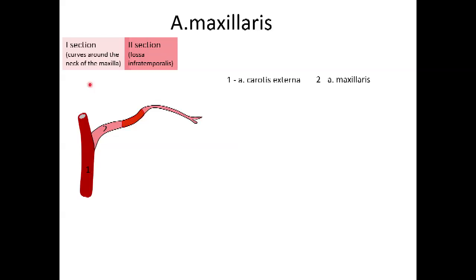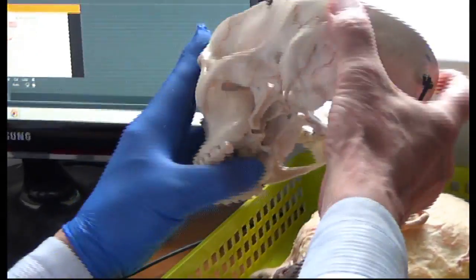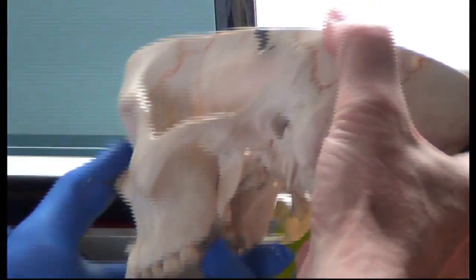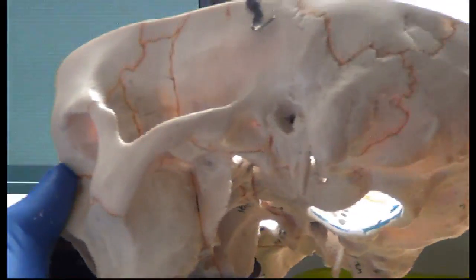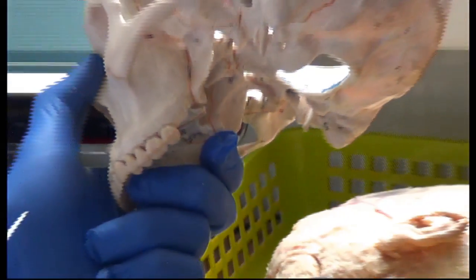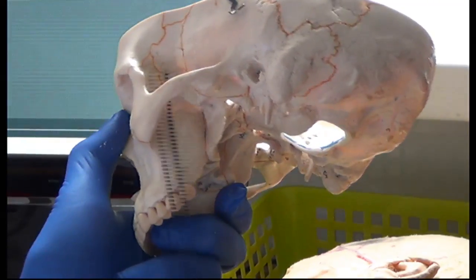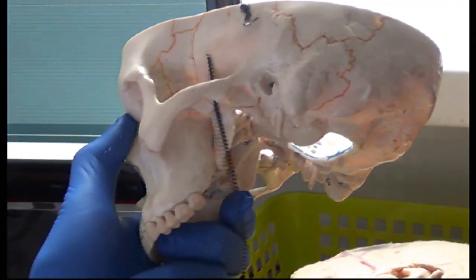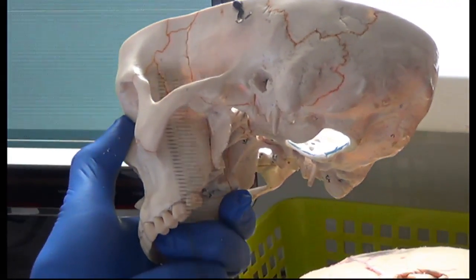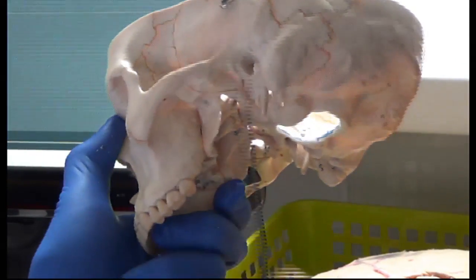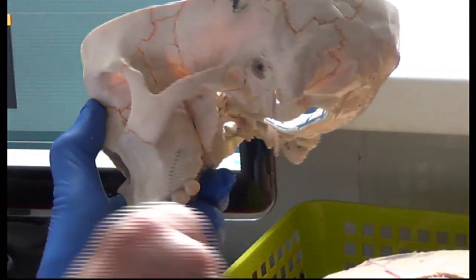I'd like to remind you where fossa temporalis is located. This is the lateral aspect of the skull, and fossa infratemporalis, here it is. This is fossa temporalis, and this is fossa infratemporalis.